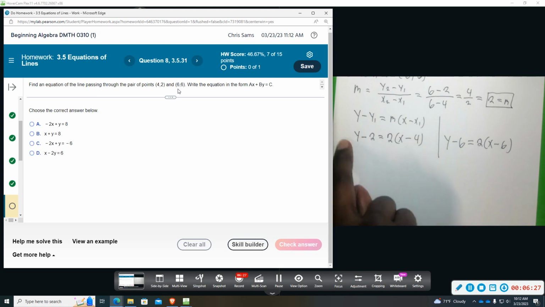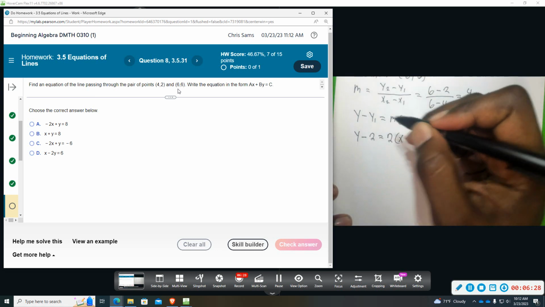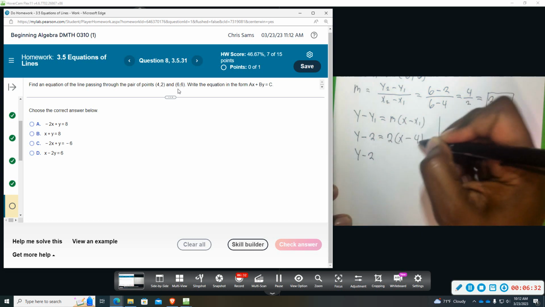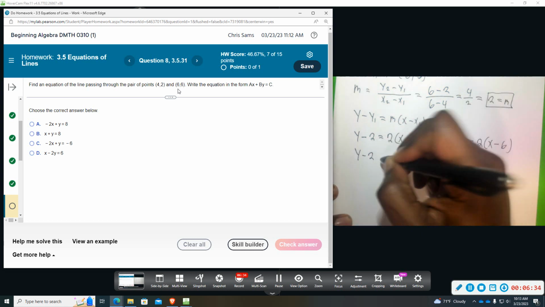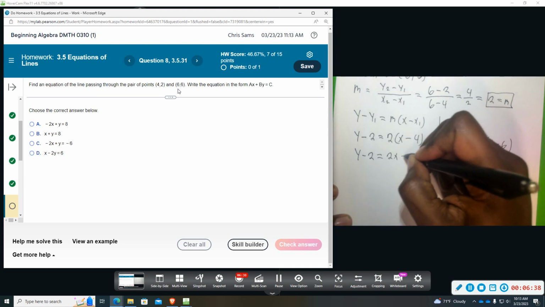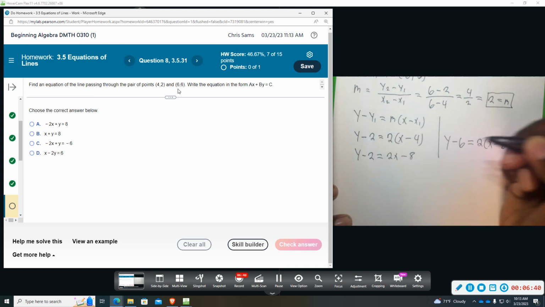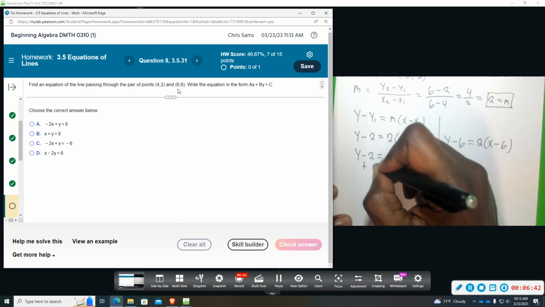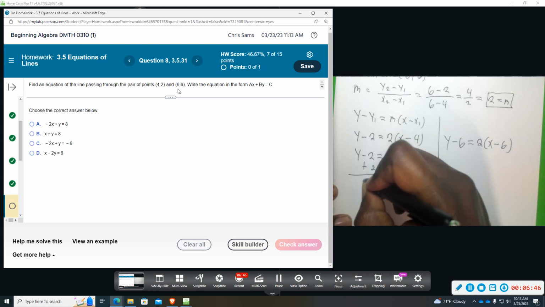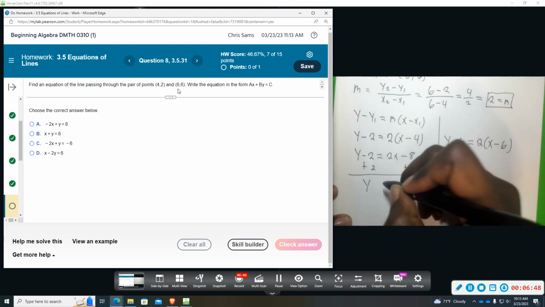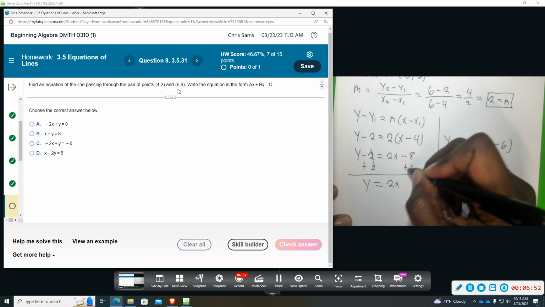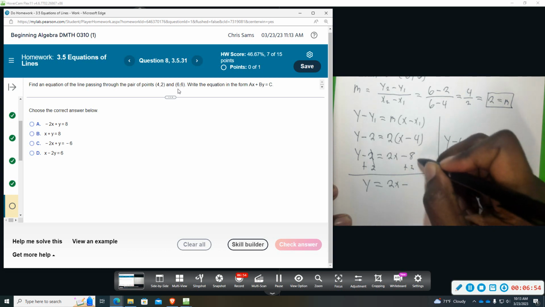All right, so I'm going to solve this one first. y minus 2. This time I don't have to change sign, so I'm just going to go ahead and distribute, 2x minus 8. All right, so I'm going to add 2 to both sides. And then that will give me y equals 2x minus 6.